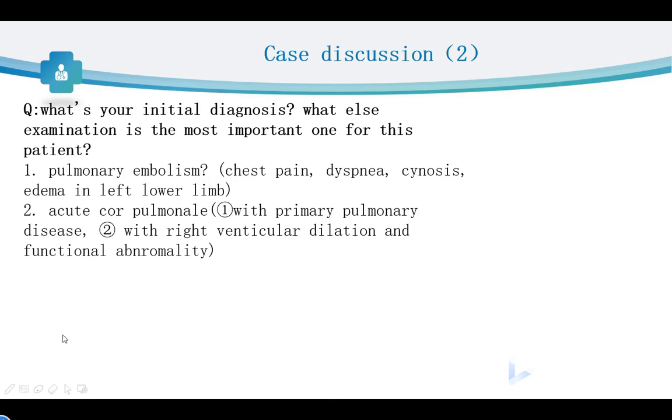In this condition, which examination is the most important one for this patient for the next step? That is the CTPA.